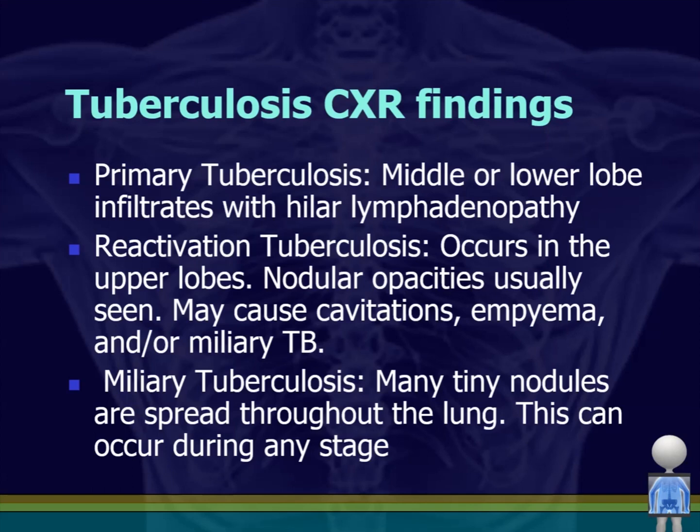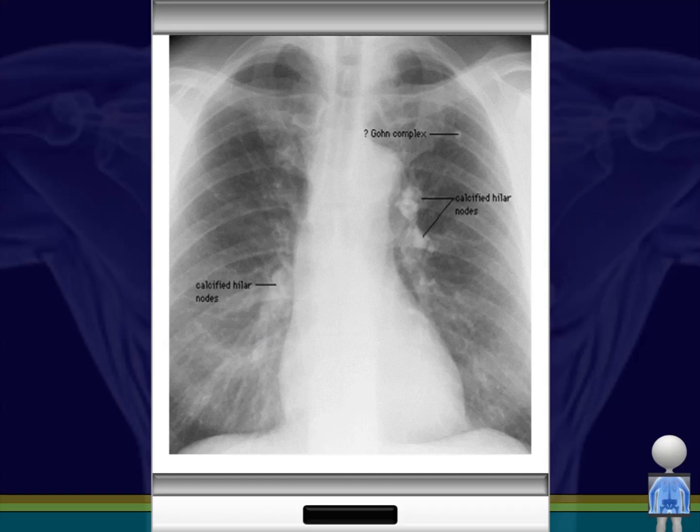Tuberculosis chest x-ray findings: primary tuberculosis will be middle or lower lobe infiltrates with hilar lymphadenopathy. Reactivation can have nodular opacities, and you can see cavitations and empyema. And miliary is tiny nodules, but it's diffuse. It's everywhere. So those are some different findings that you may see. In this case, this is TB here.